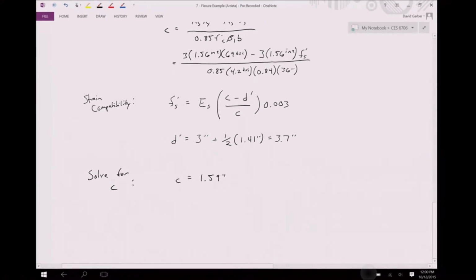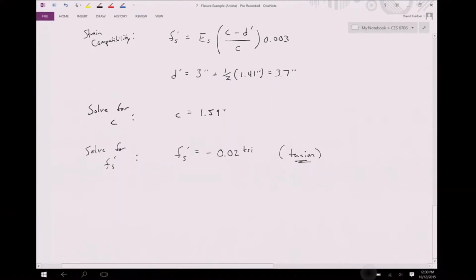So we'll find that our fs' is equal to negative 0.02 ksi. So you can notice that our compression steel is really in tension in this scenario.